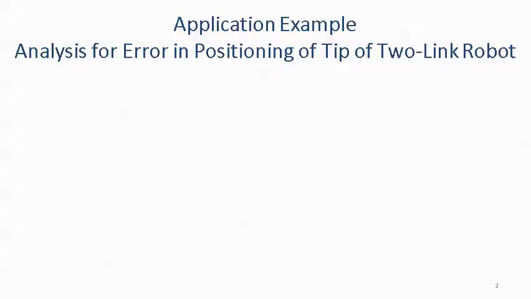Let us now try to apply the same idea with the error in the measurement in identifying where the tip of a tooling robot will be located. So I'm going to redraw a tooling robot.